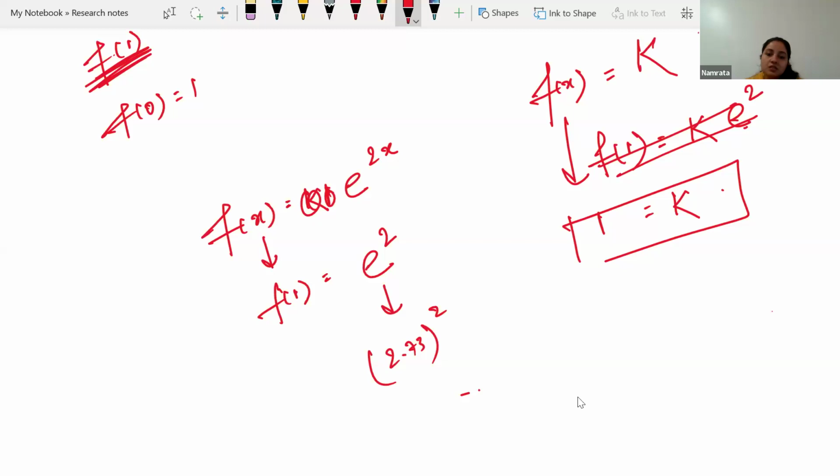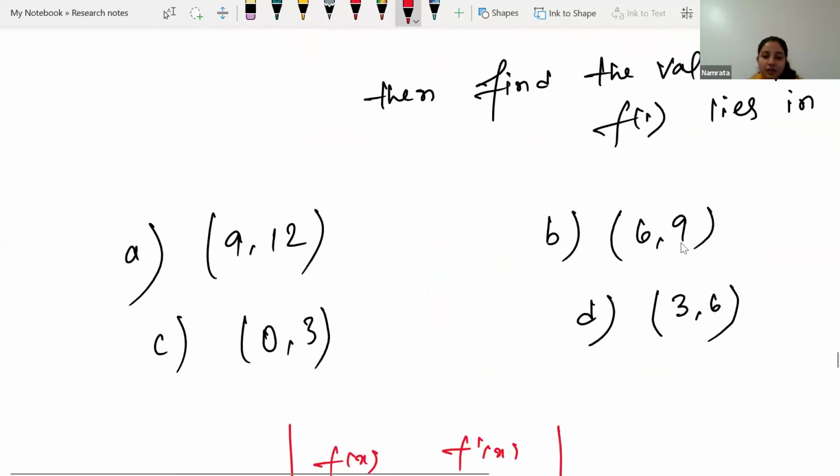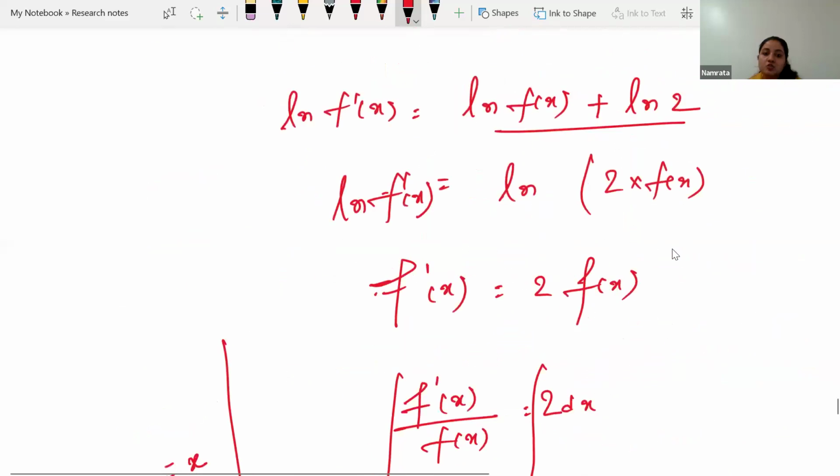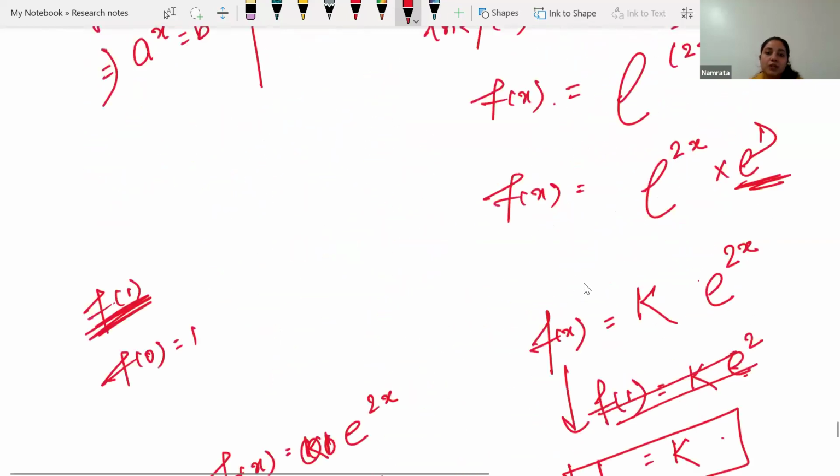Okay, 2 square is 4, square of 3 is 9, so 2 point something square will be lying in between 4 and 9, I want to say that. Okay, let's see that option is there on 4 and 9. Okay, 6 and 9 is there, so obviously this will be the correct option, because it is 2.73 square, so the result will be lying in between.